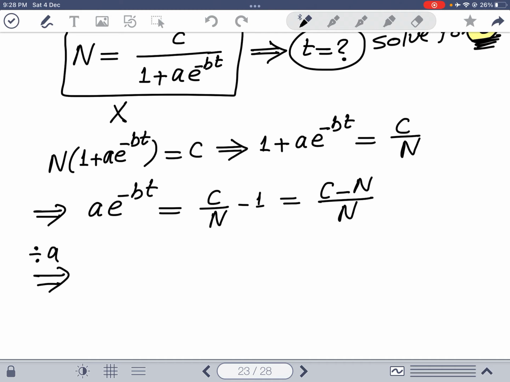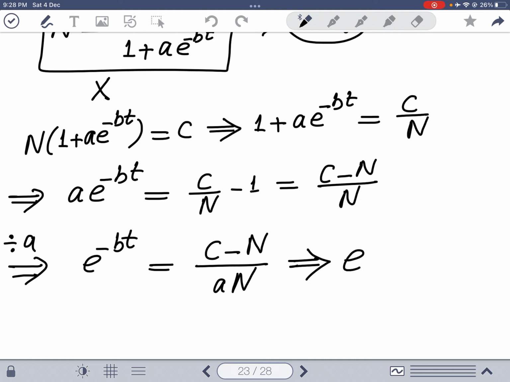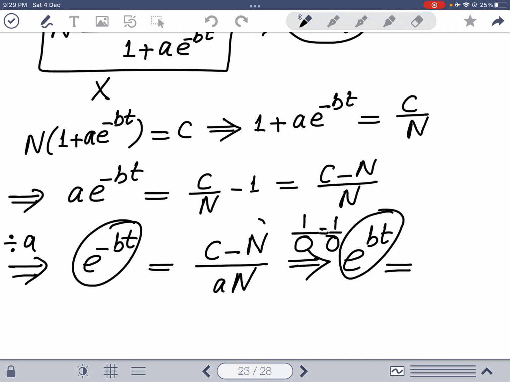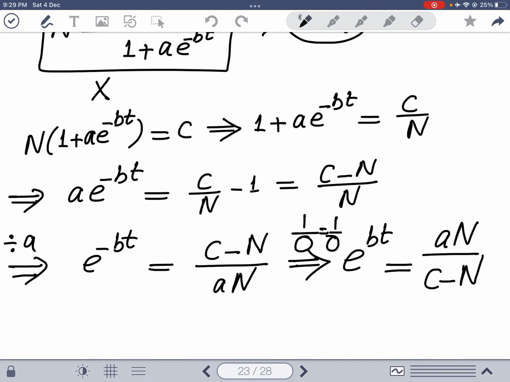Divide by a, you'll get e to the minus bt is c minus n over a times big N. And now this means that e to the bt, if you take the reciprocal, because it was power negative, so now 1 over this equals 1 over that, 1 over this is e to the bt. Now 1 over this will be an over c minus n. I just took the reciprocals to get rid of the negative that I have in front of the b.